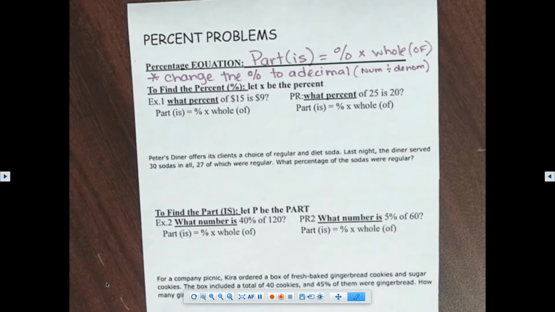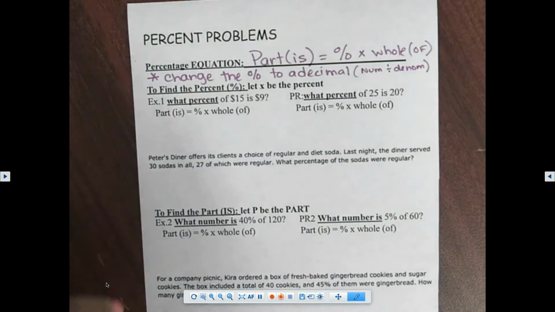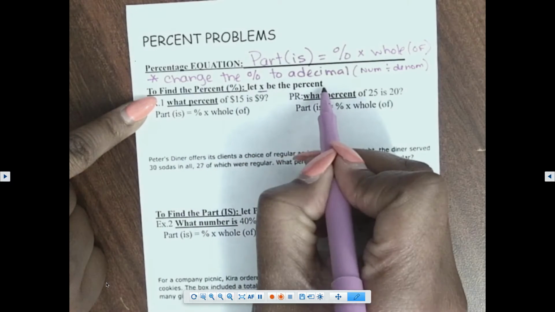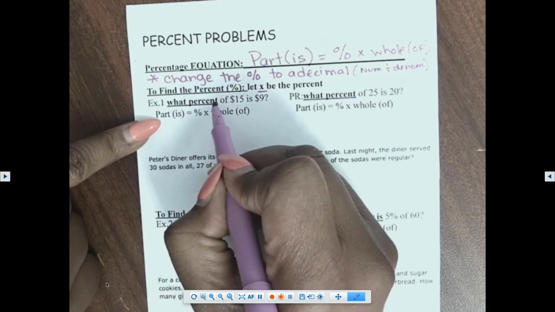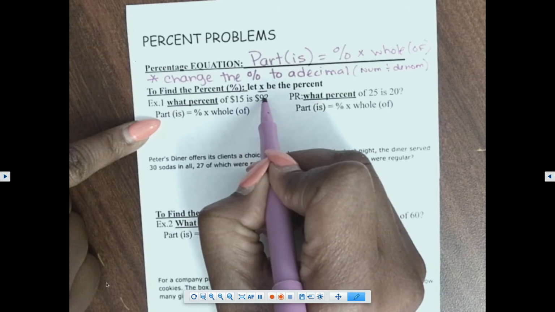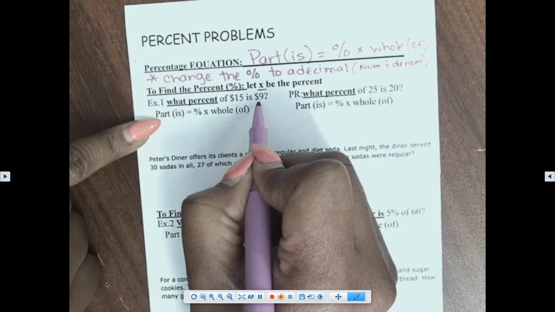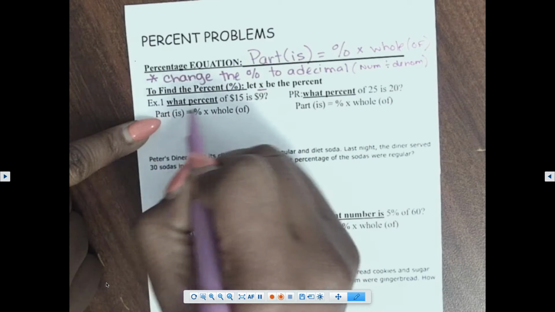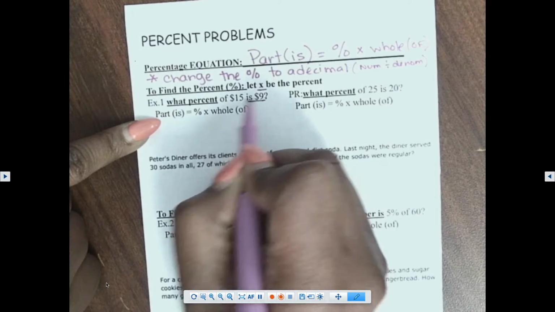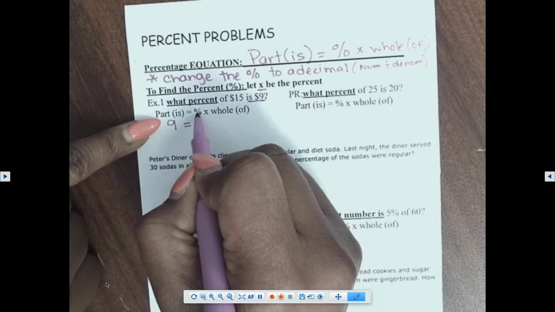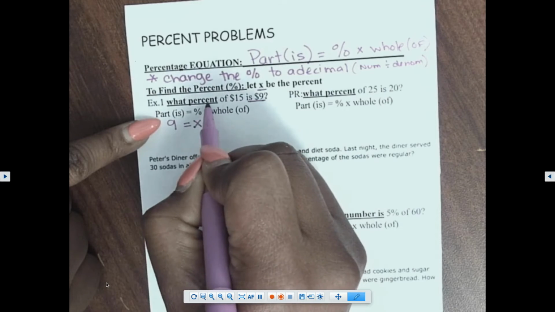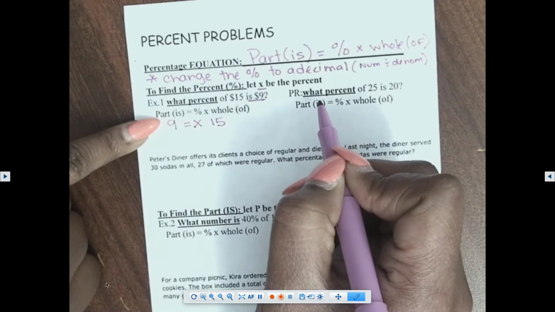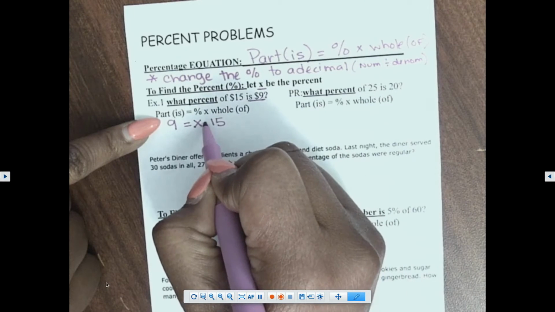Okay, so in this first section, we identify how to find the percent given information, and we're going to let X represent our percent. So it says, what percent of 15 is 9? So what percent, this part of our problem, we don't know. But it says is, so is 9 equals percent, the part we don't know, and then of 15, times.